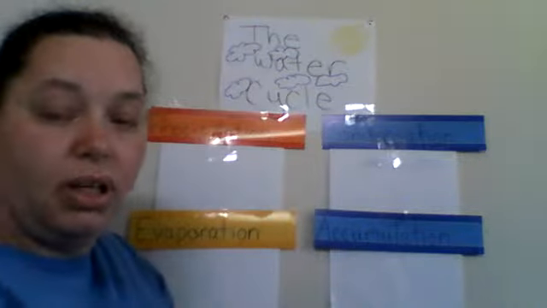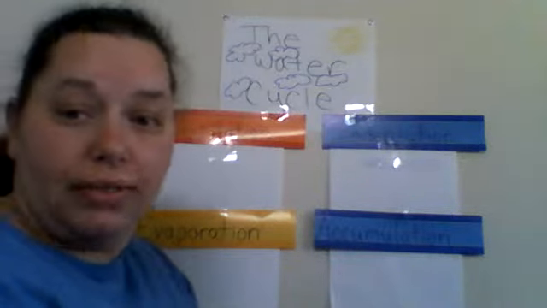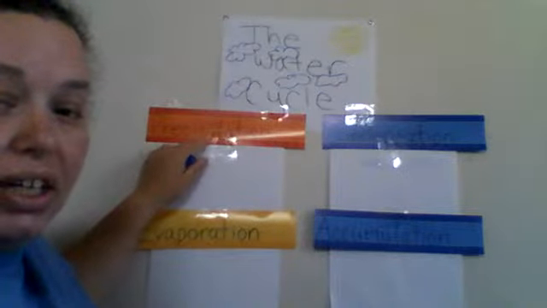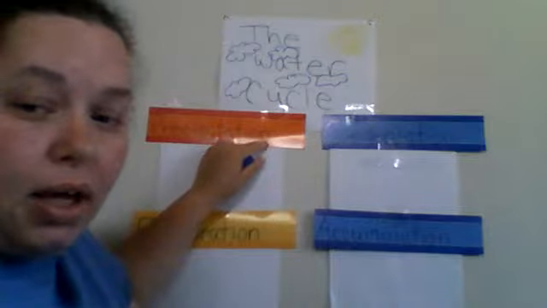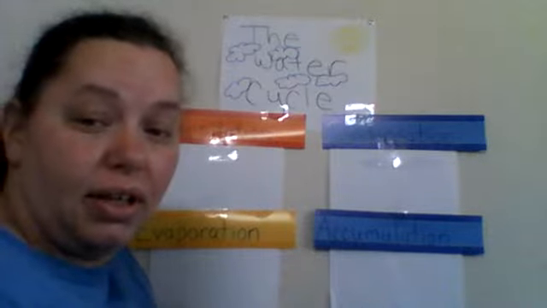They get full of water, so big and full that they have to drop the water. Now, that is called precipitation. That is when the clouds get heavy and cannot hold the water anymore.